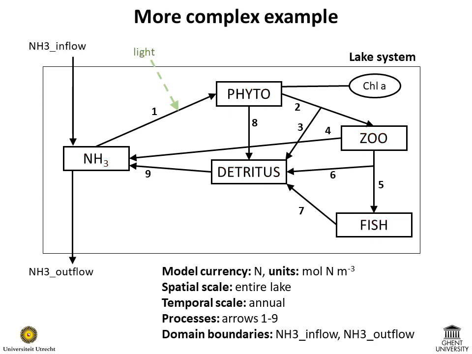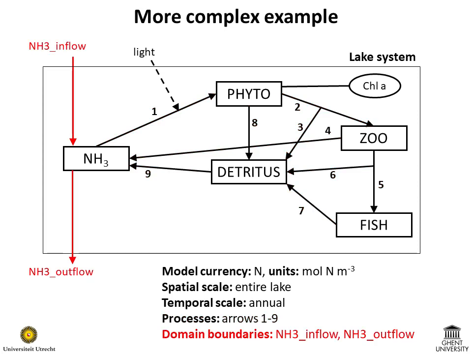Solar radiation drives ammonia uptake by phytoplankton. The total level of chlorophyll is derived to link the ecosystem state to aerophotography observations from which chlorophyll can be measured. The ecological interactions, quantified as fluxes of nitrogen between the compartments, are depicted by arrows 1 to 9.